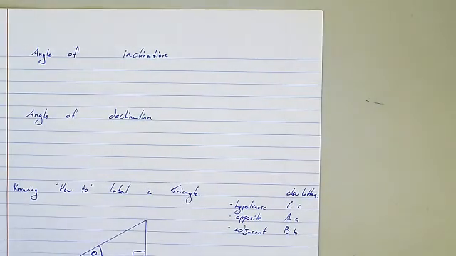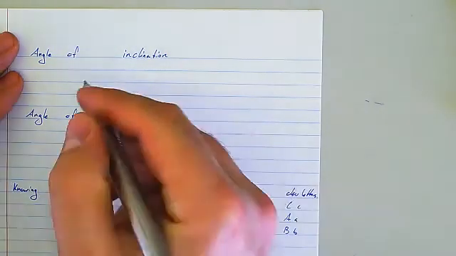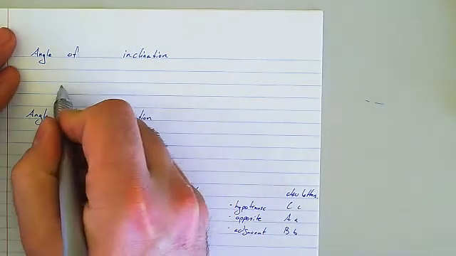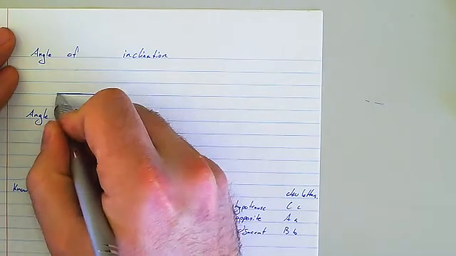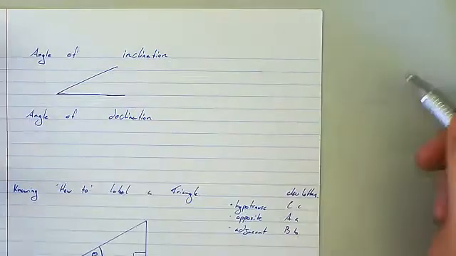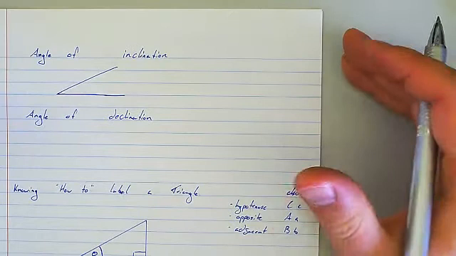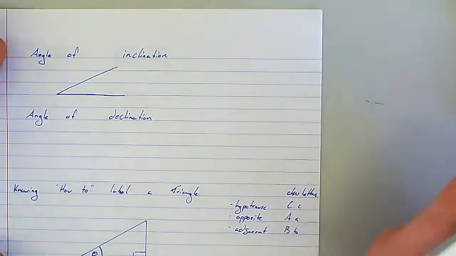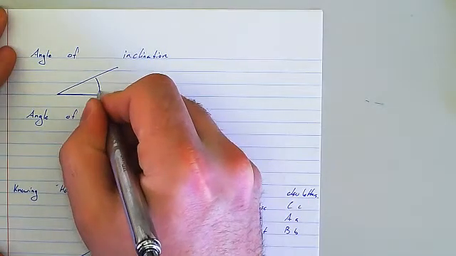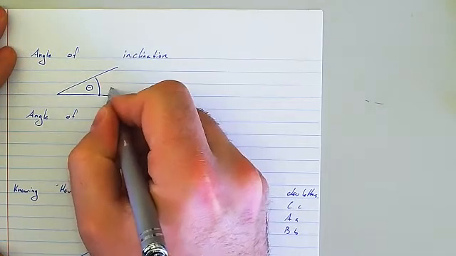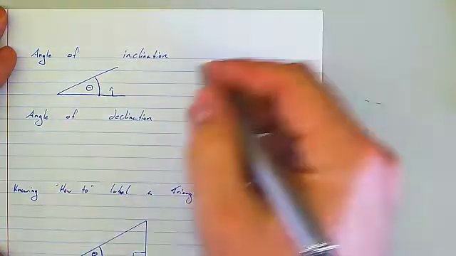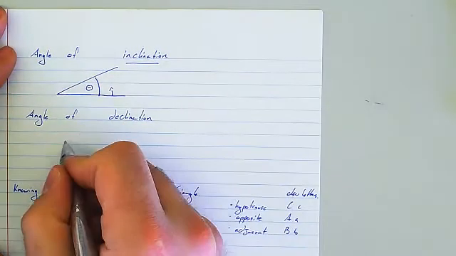Two of the more important terms we care about are the angle of inclination and angle of declination. Basically, if you have a line on a horizontal, almost think like a lazy boy chair. If you recline back, you incline. And so this here, if your angle is going up from the horizon, this would be an angle of inclination.